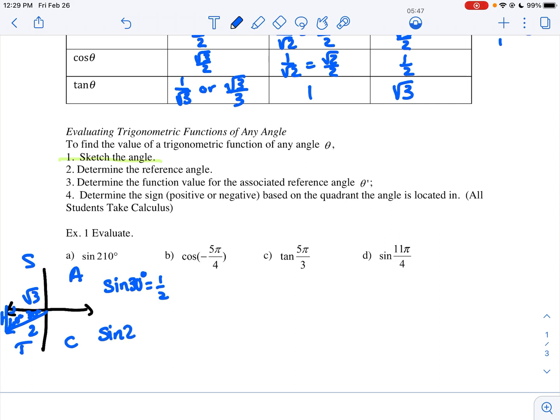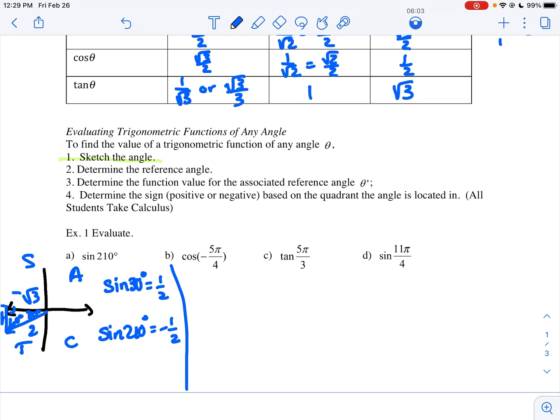So the sine of 210 is negative 1/2. Another possibility is you could say that's left and down, so it was negative 1/2. Any way you slice and dice it, it'll be the same.